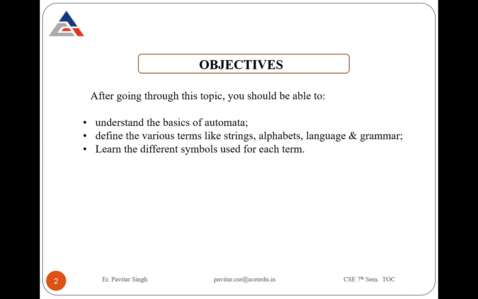Then you should learn the different symbols we are going to use for each term, like which symbol is used for string, which symbol will be used for alphabet, and similarly for language and grammar.